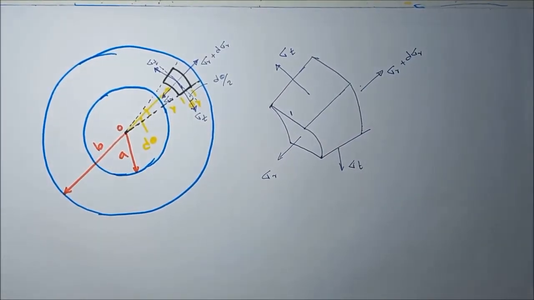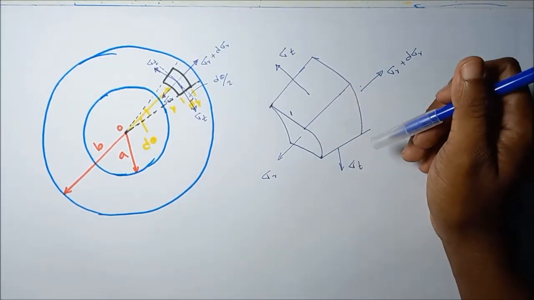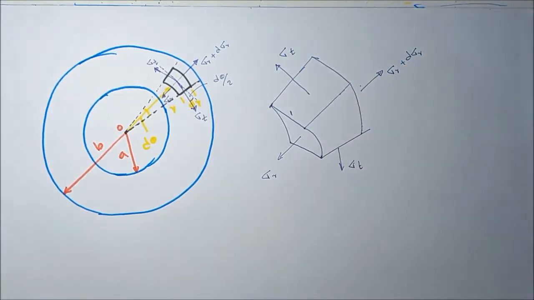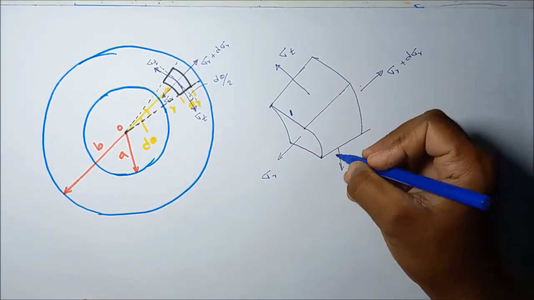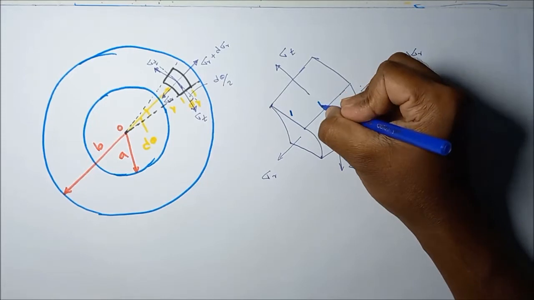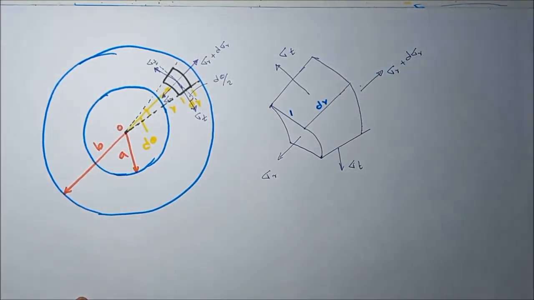These are the stresses acting on this finite dimension stress element. Then this dimension is the unit length, and the thickness is equal to dr. I think you will be more clear now on how to mark these stresses.